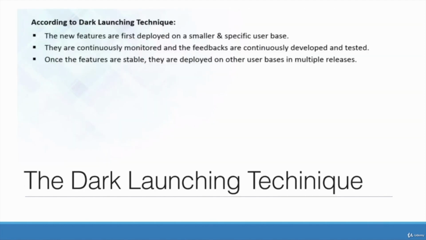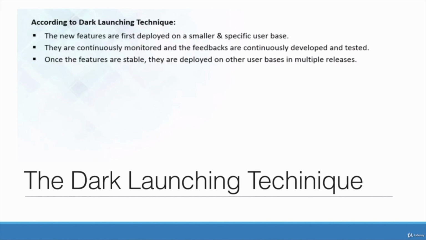According to the dark launching technique, they basically divided it into three parts. In the first part, new features are first deployed on a smaller and specific user base. So instead of the complete user base, if we are introducing a new feature in our application, we will open that particular feature for a specific, smaller group, which Google also did with Google Chat.